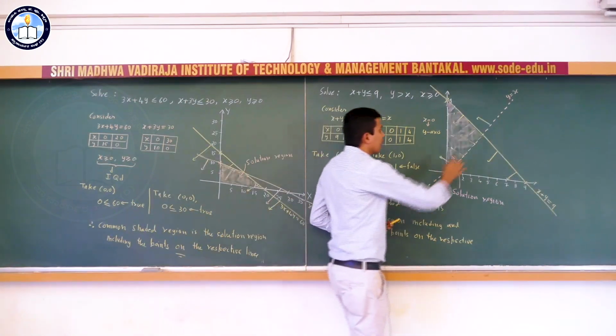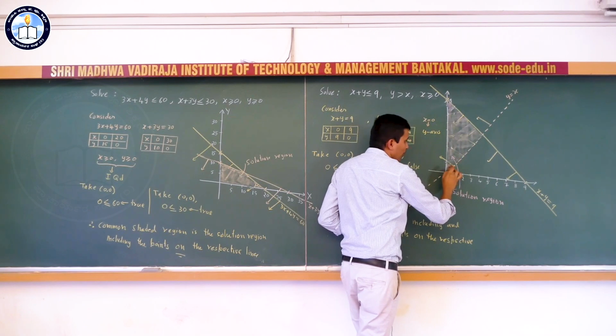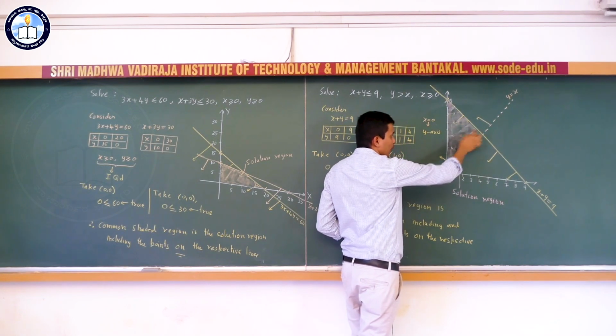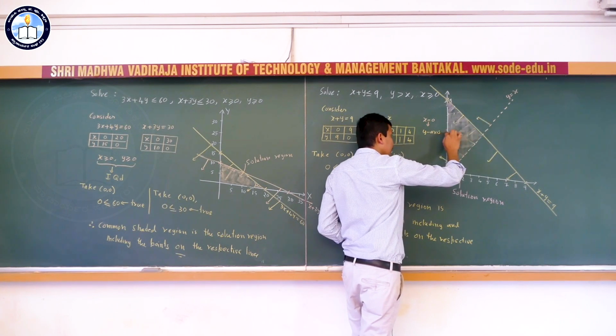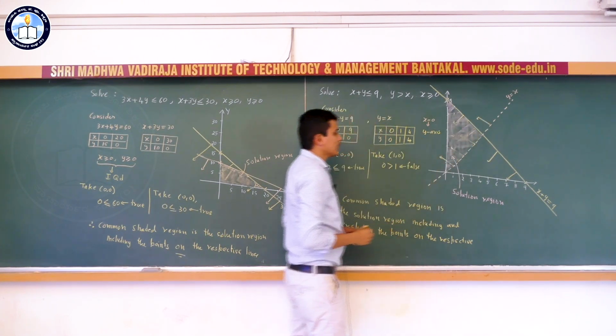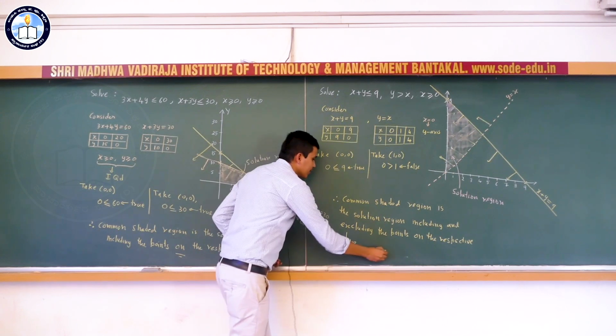That means on this line, whatever points are there won't be included because it's a dotted line. But for this line segment, the points are included in the solution region.